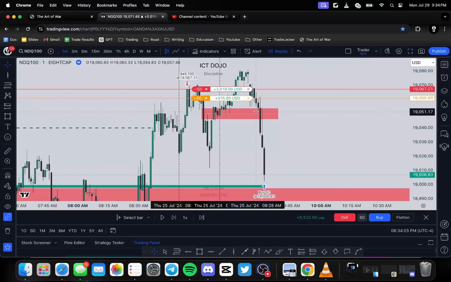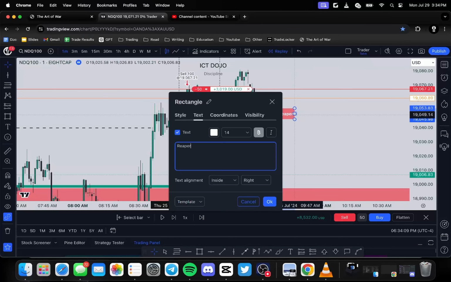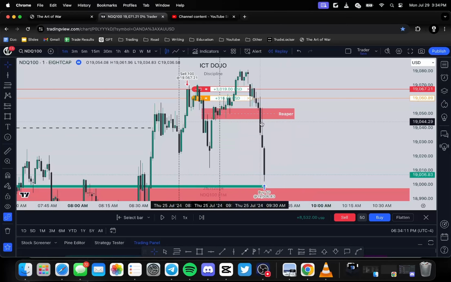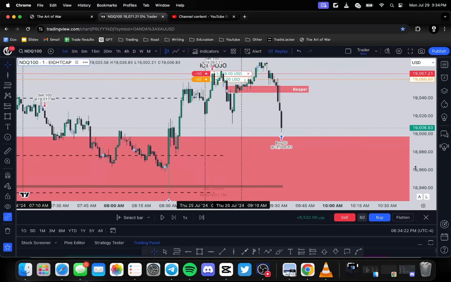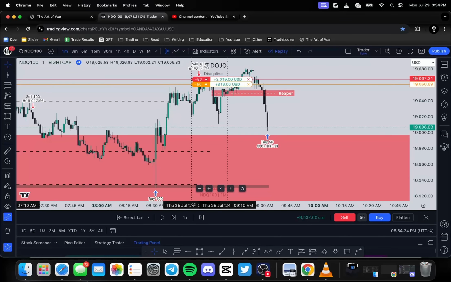It ran down, then closed under it, respecting it again. This becomes a reaper. After it disrespected the IFVG, this now became a reaper, and you can see market wicked up into it and melted from it to our buy side. So let's keep going from here.